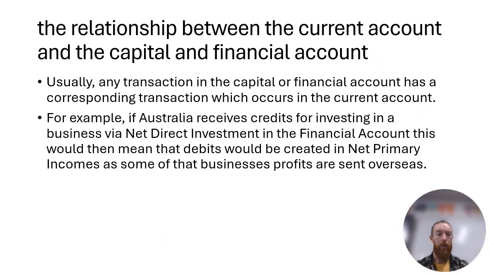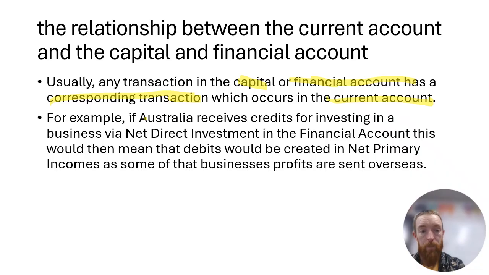So like I said a little bit before, you need to know about the relationship between the current account and the capital and financial account. A lot of the time, this comes up in questions about how a transaction would impact both. So usually any transaction which impacts the capital or financial account has a corresponding transaction which occurs in the current account.